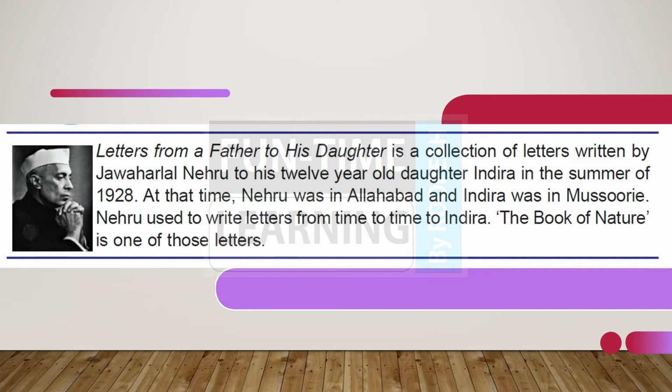Letters from a father to his daughter is a collection of letters written by Jawaharlal Nehru to his 12-year-old daughter Indira in the summer of 1928. 1928 വേനൽക്കാലത്ത് നെഹ്റു മകൾക്ക് എഴുതിയ കത്തുകളാണ് ഇവിടെ പറയുന്നത്. At that time, Nehru was in Allahabad and Indira was in Mussoorie. Nehru used to write letters from time to time to Indira. The Book of Nature is one of those letters.